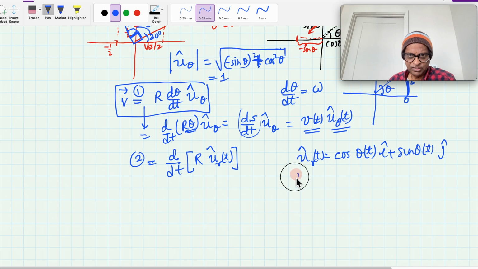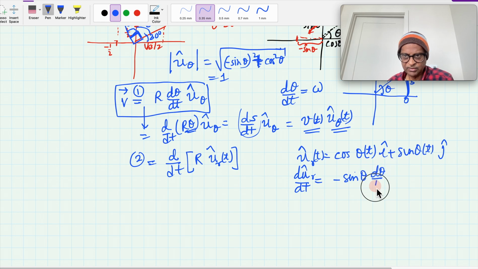So if I take a derivative of this to figure out the rate at which it's changing, this will be minus sine theta d theta dt i hat. But when I take a derivative of i hat, I get 0. So this is coming from the first term.